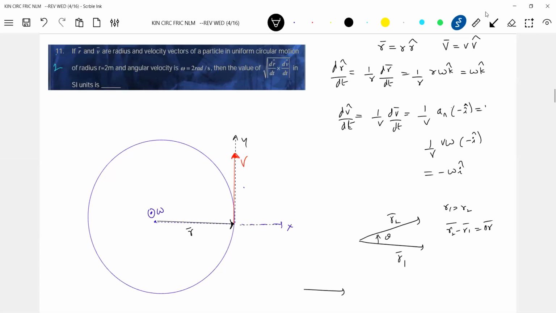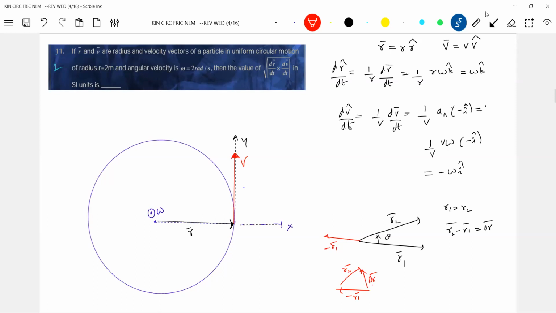So minus R1 bar, and this R2 bar. So the resultant will come somewhere here like this. So that is delta R bar.